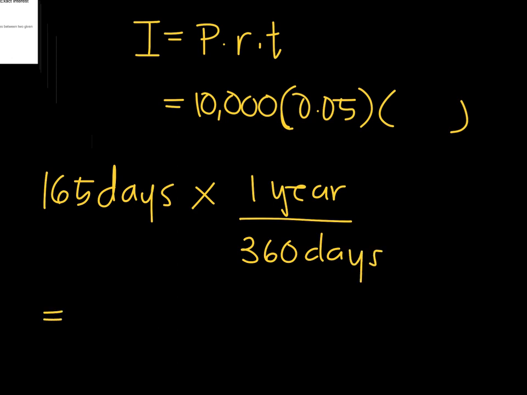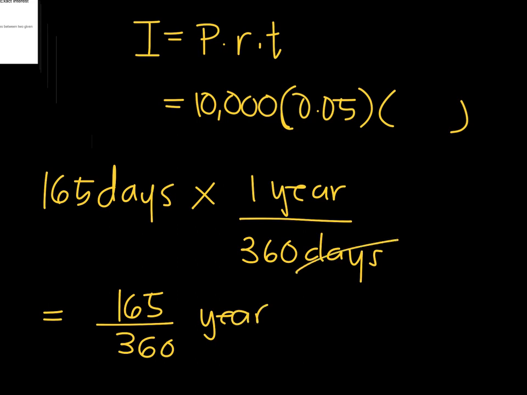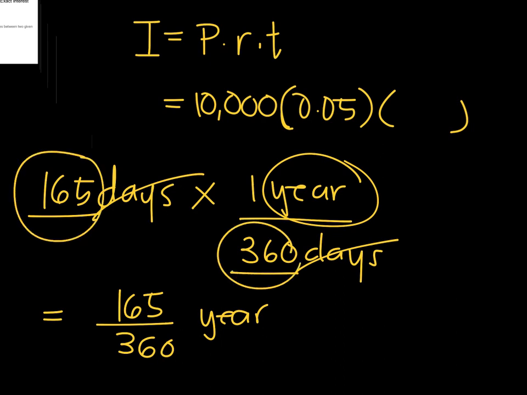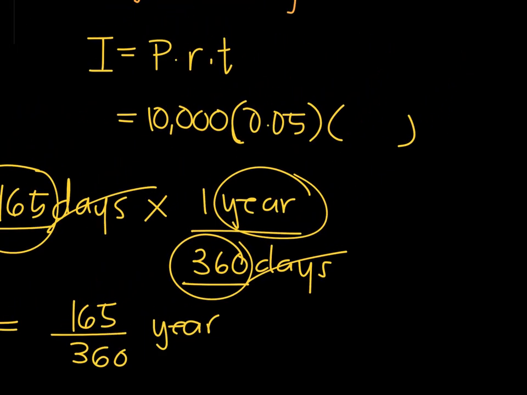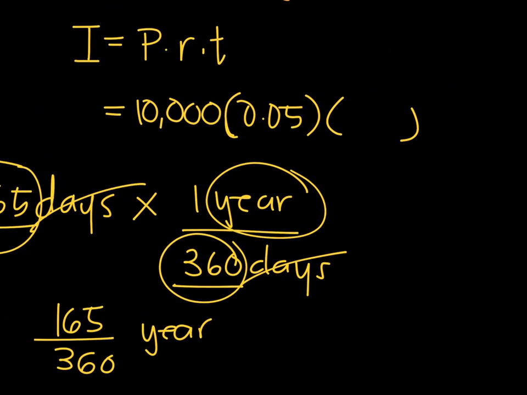So if you think about it, this is simply 165 over 360 of a year, and that is no more days, the unit of time is already in years. So that is the time in years that we are going to place in our formula, 165 over 360.